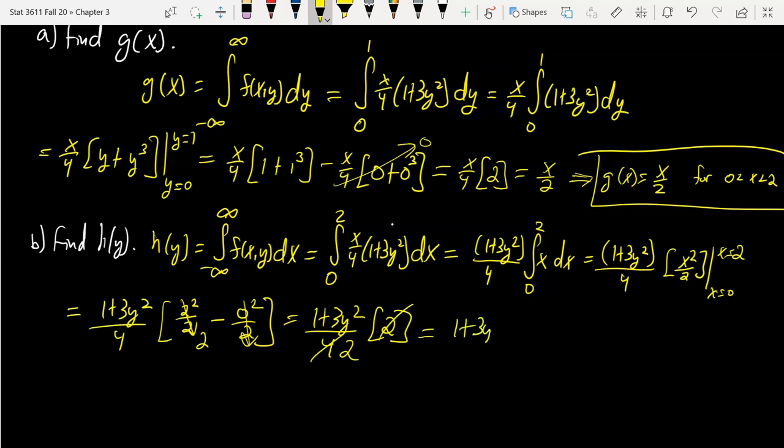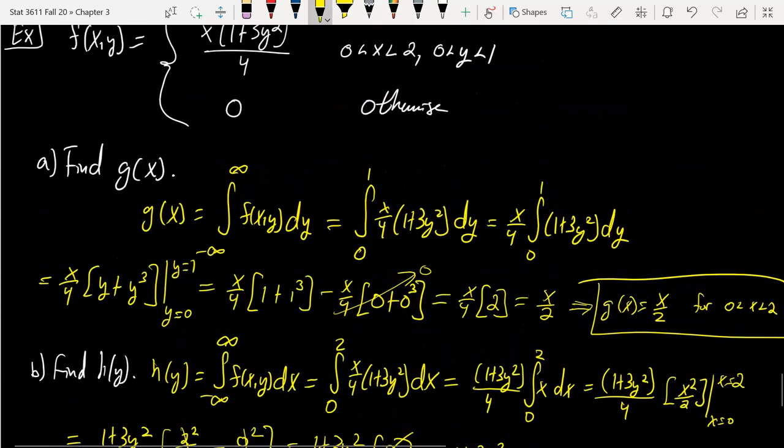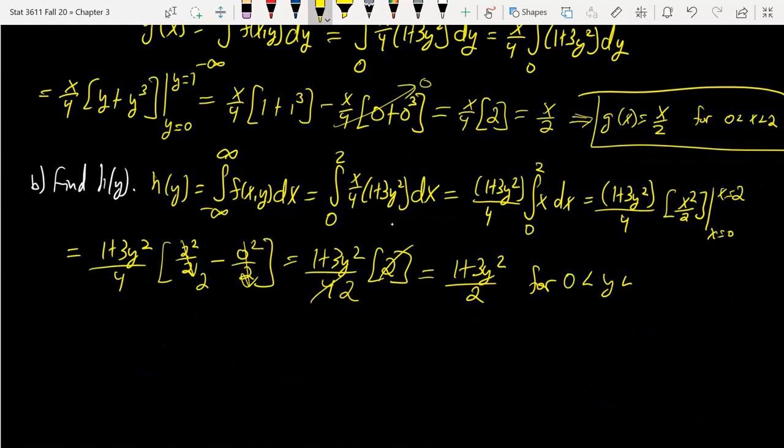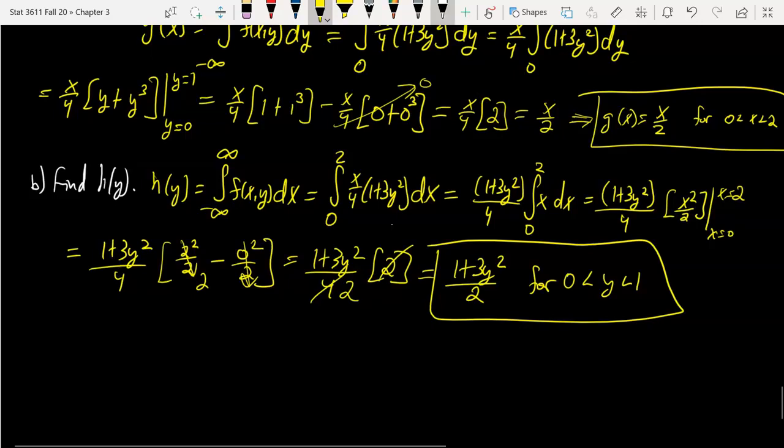So we have 1 plus 3y squared divided by 2, and this is good for y between what and what here? Go back. Y is between 0 and 1. Okay. Good. So we got both of our marginals here.